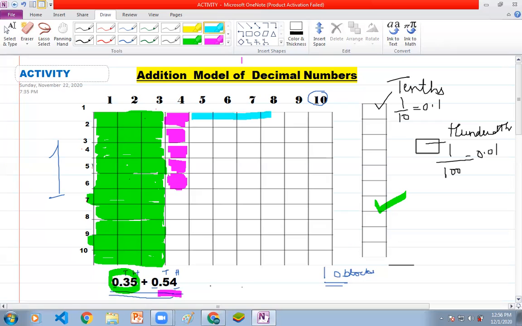1, 2, 3, 4, 5. So you have to shade 5 columns because I'm representing 5 tenths, and 5 tenths is nothing but 0.5. These are the 5 columns with me.